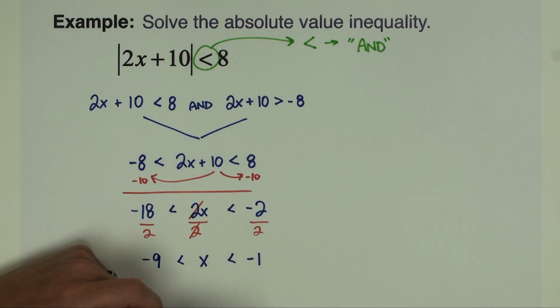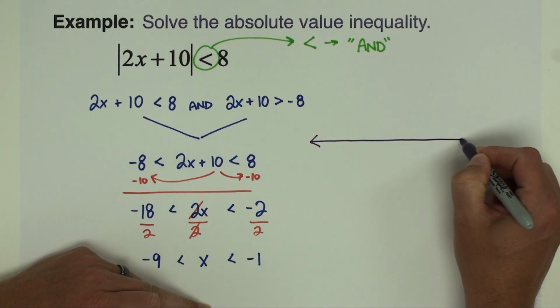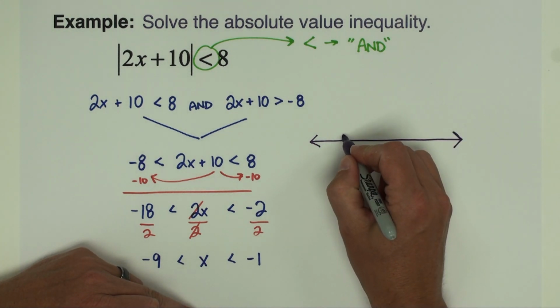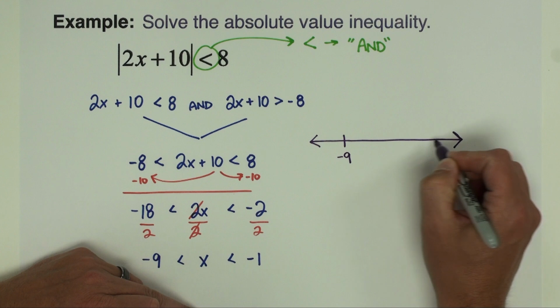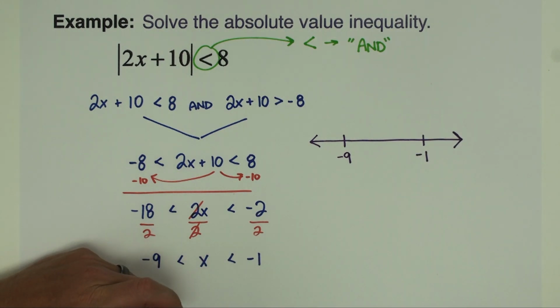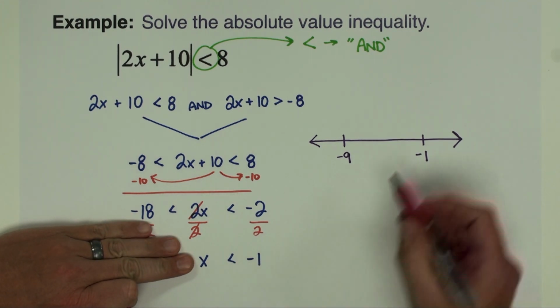Okay, let's take a look at what the number line is going to look like for that. So your number line, you can be as detailed as you want, and you can put a whole bunch of numbers on here. I'm just going to put -9 and -1 on the number line. Now we want all the x values that are less than -1.